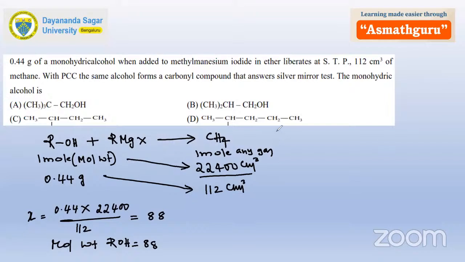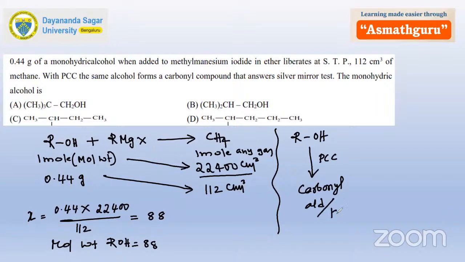And also he says, your alcohol forms a carbonyl compound with PCC. What is carbonyl? Carbonyl means both aldehyde and ketone. And he says with Tollens' reagent, it forms a silver mirror, meaning Ag precipitate.